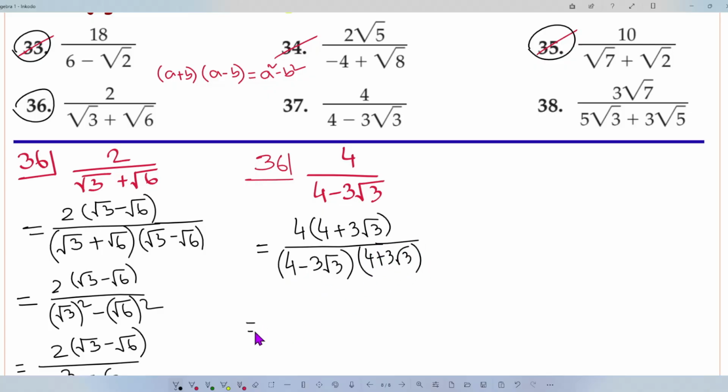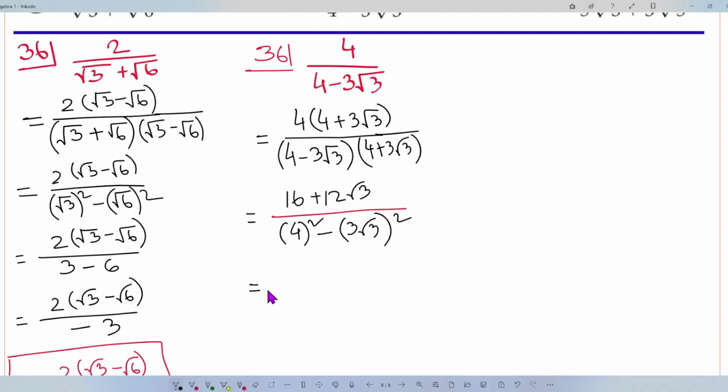So as per (a plus b) times (a minus b), we know this is a square minus b square, so we can write here 4 times 4 is 16 plus 4 times 3 is 12, so 12 root 3, and this one is 4 square, it means a square minus b square means 3 root 3 square.